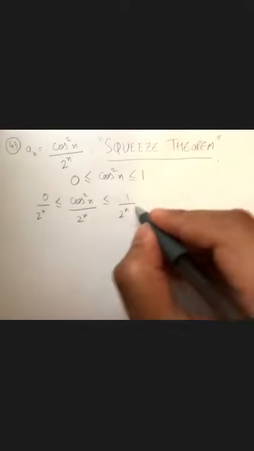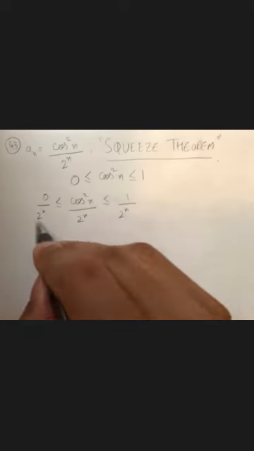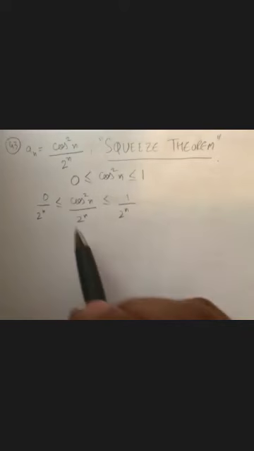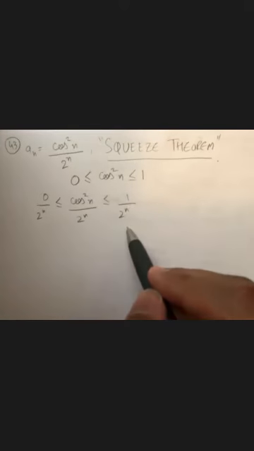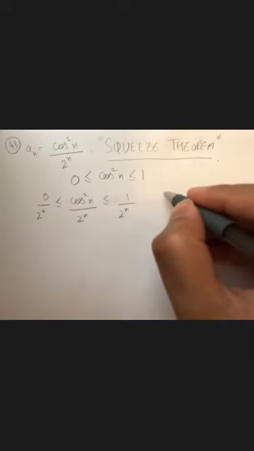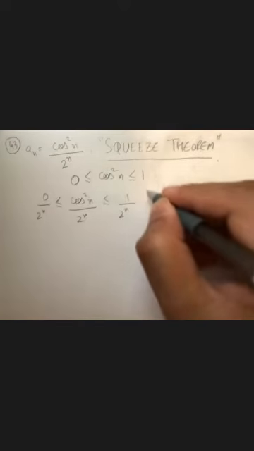So then this side is just 0. Here we have our an. And this is 1 over 2 to the n.